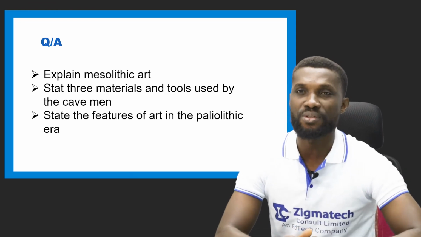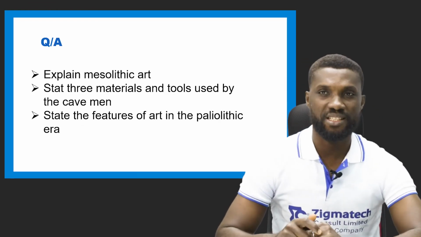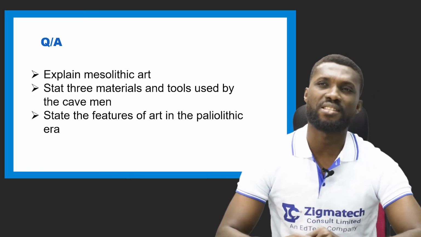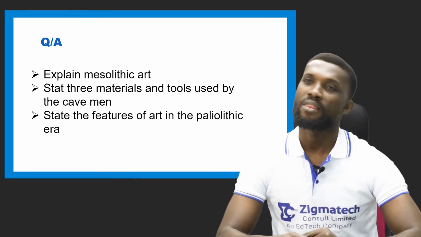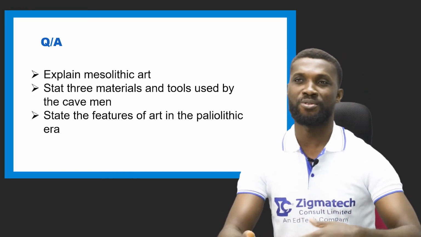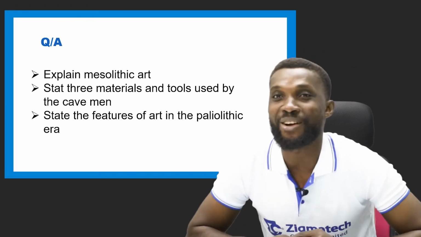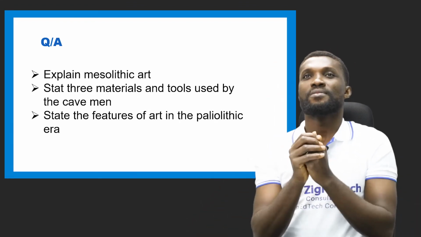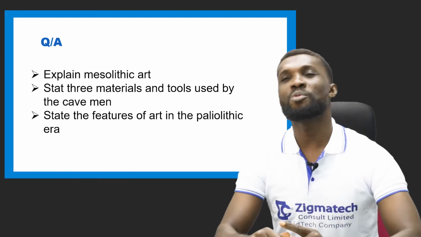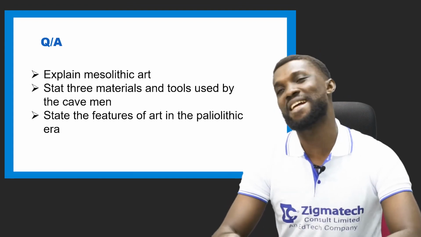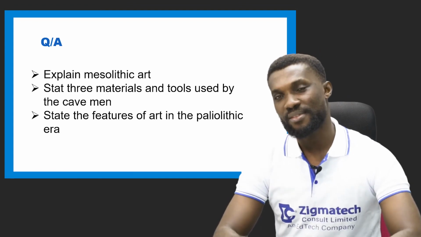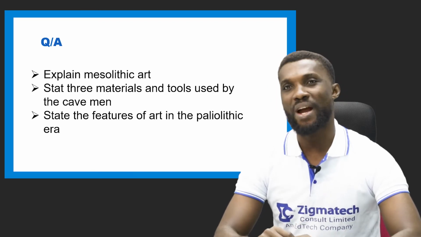State the features of art in the Paleolithic era. So what are the features of art in the Paleolithic era? Now let me answer this one. Let me help you, some of you. All right. Now some of the features is that during this Paleolithic era, some of their paintings are of wild animals. Now they painted more of what? Wild animals.